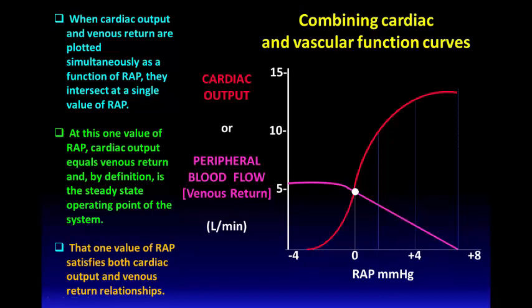At the steady state operating point of the system, the two values of the cardiac output and the venous return would be equal, and this operating steady state value of the right atrial pressure satisfies both cardiac output and venous return relationships.